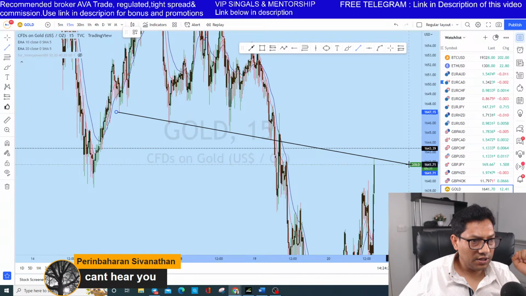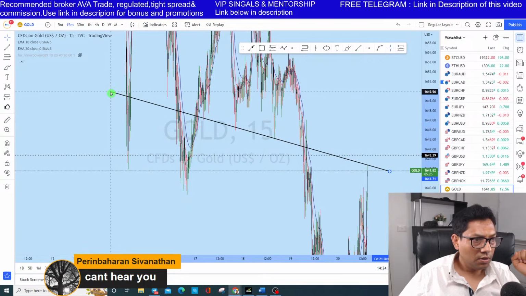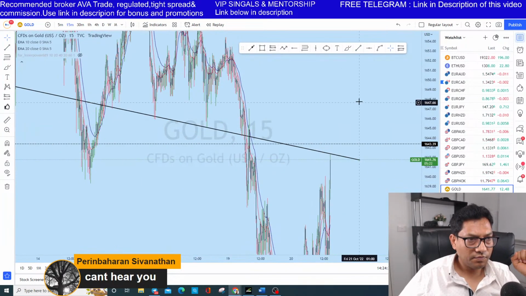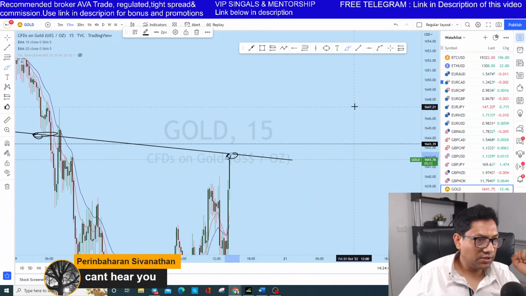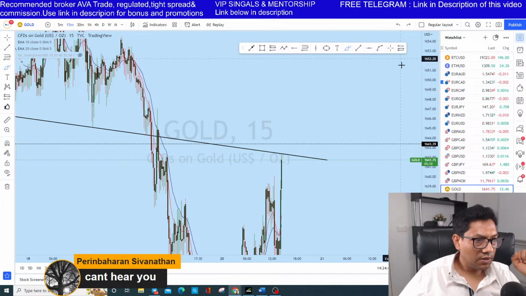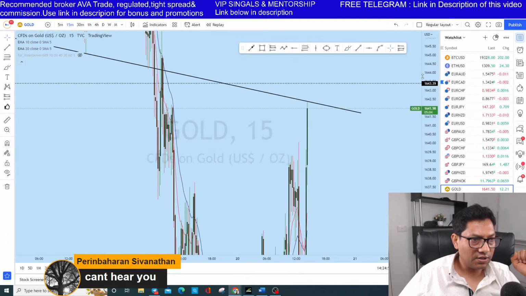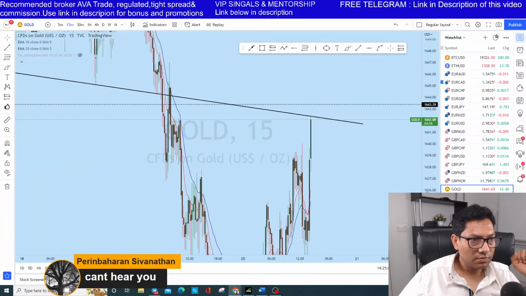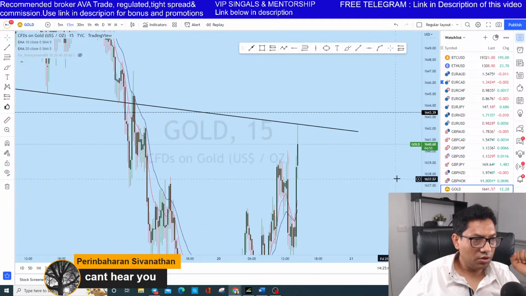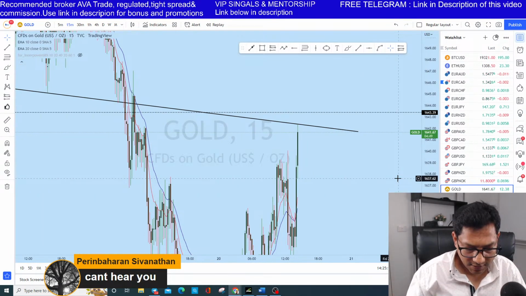Okay, so gold is in fact at a resistance level. You see that this is the 15-minute chart on gold, and the price is at the support here, which is acting here as a resistance, and I think that this level should be respected. It's due to the news, you know, that the price is highly volatile, the market is extremely volatile due to the news.